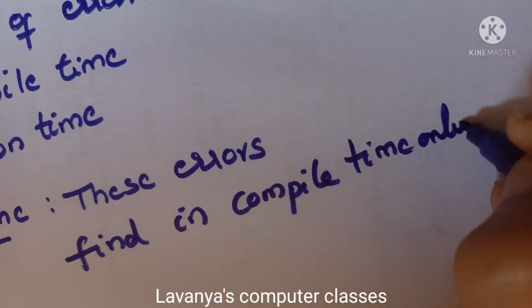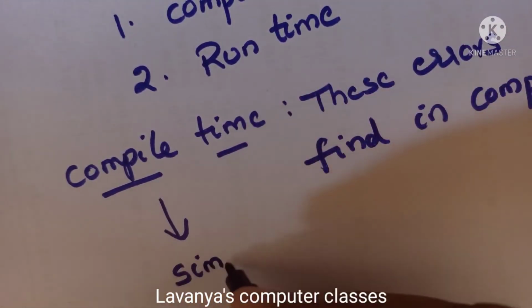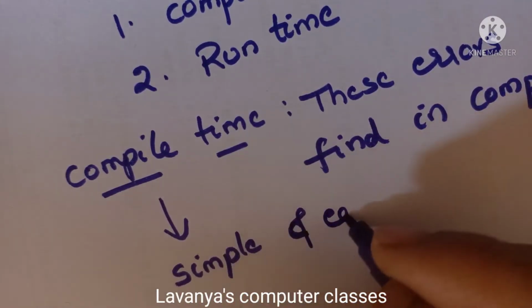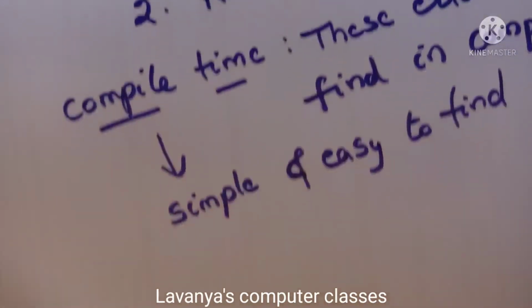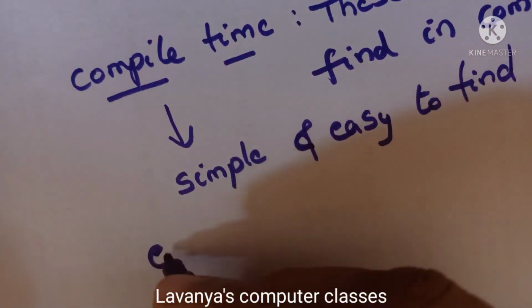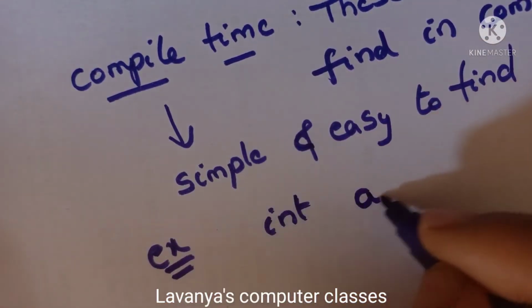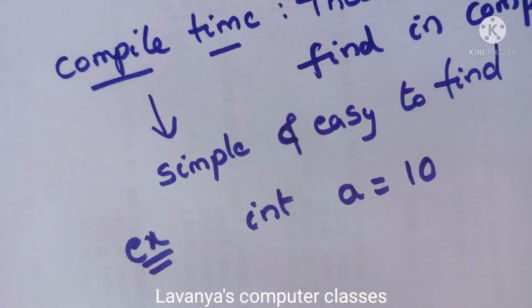These compile time errors are nothing but syntax errors. They are also called syntax errors. These are simple and easy to find also. That's why at compile time only you get all these errors. You find almost all syntax errors. For example, we declare one variable like int a = 10.